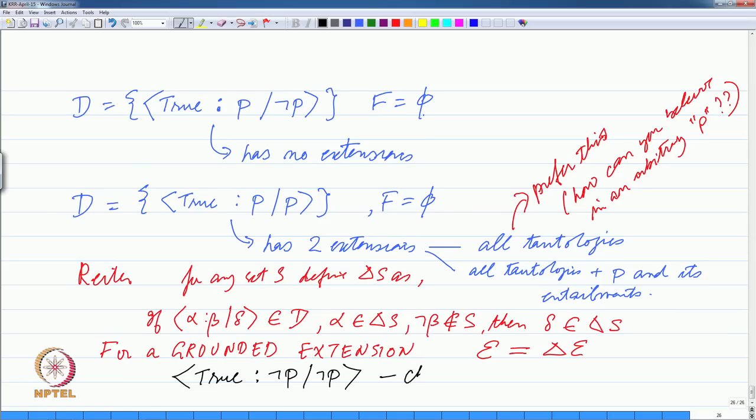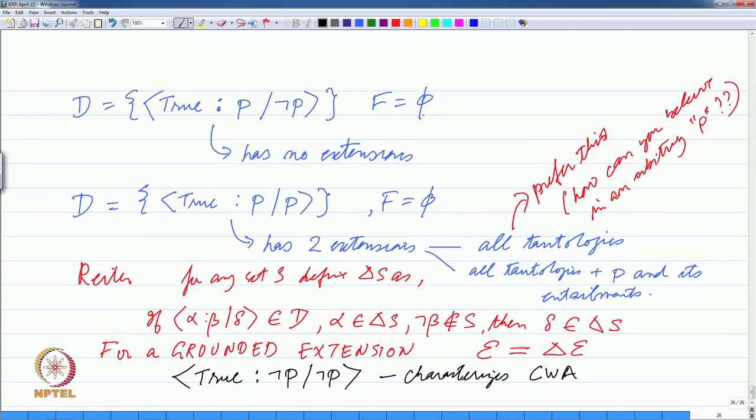It says that you can add negation of P, let us say P is an atomic sentence, if it is consistent to believe in negation of P, which means that you cannot derive P. So, you can see that this characterizes the closed world assumption.